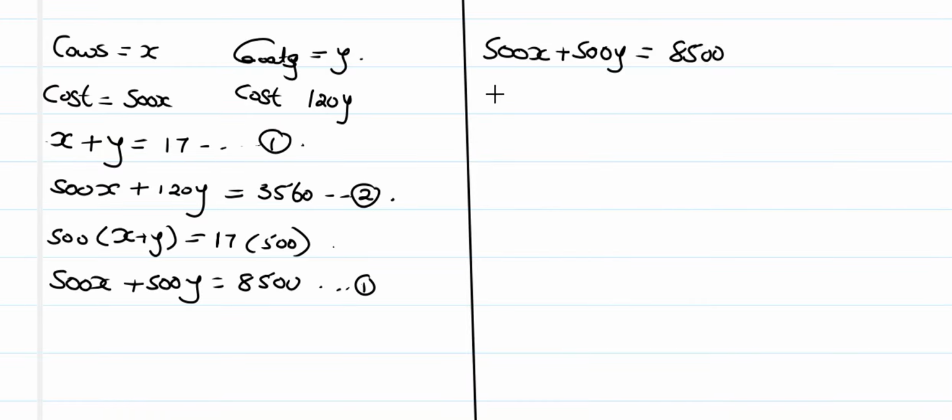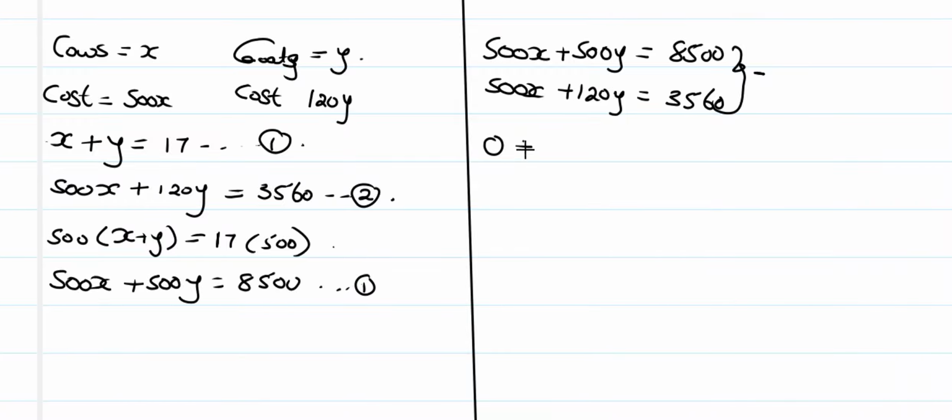And then we have the second equation, which was 500x plus 120y is equal to 3560, like that. So now that I have the two of them, I can subtract so that I eliminate this x. So 500x minus 500x is 0.